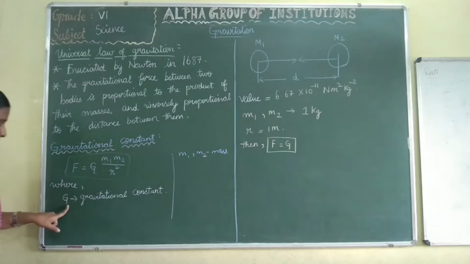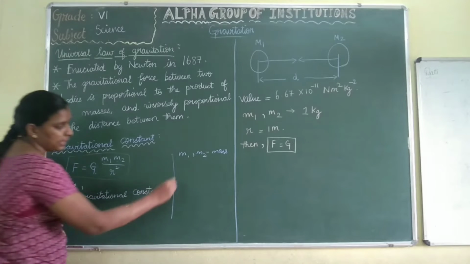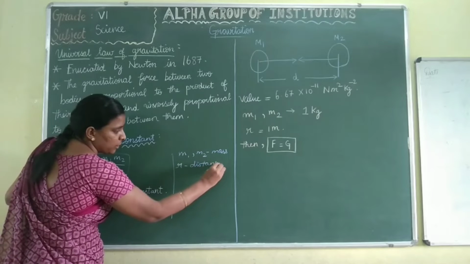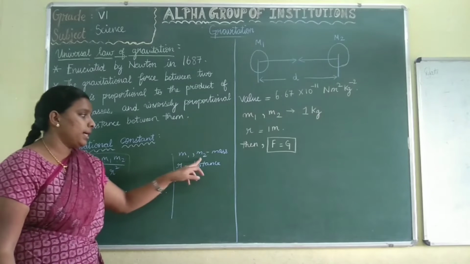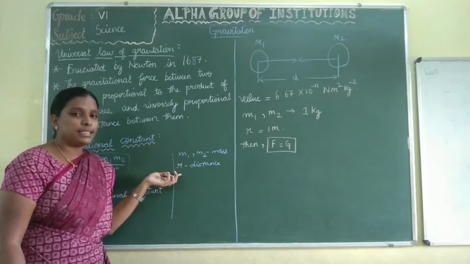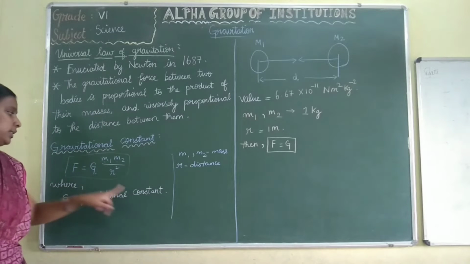I have written here that capital G is the gravitational constant and R is the distance. R is the distance between the two objects. So to measure the gravitation, we need two masses, mass 1 and mass 2, and R, the distance between the two objects, and the gravitation constant, capital G.